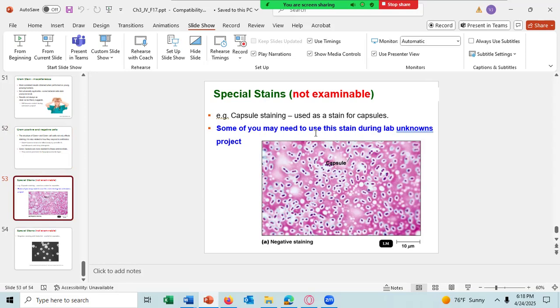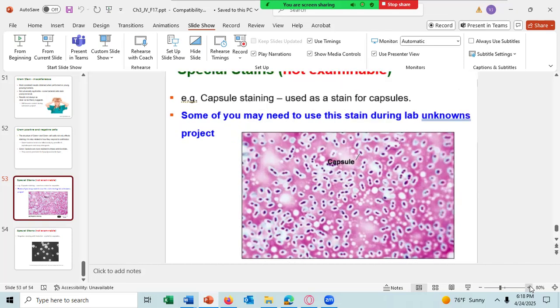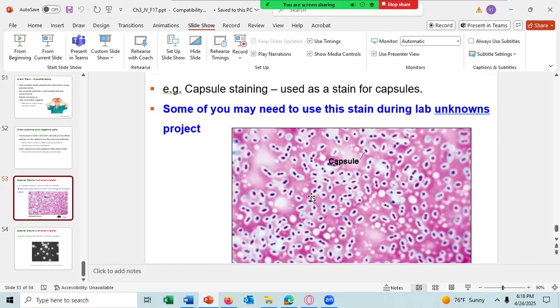This may be a capsule stain using two different dyes, one to stain the background, and the other to stain the cell. You can see that the capsule is not being stained, and so you can easily view the capsule as the region not being stained in this slide.